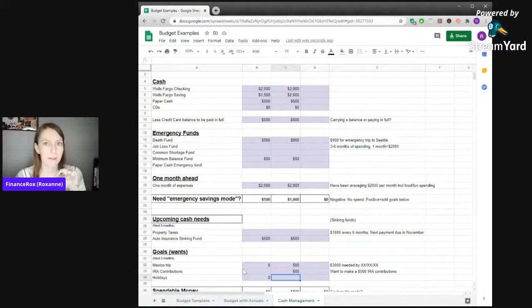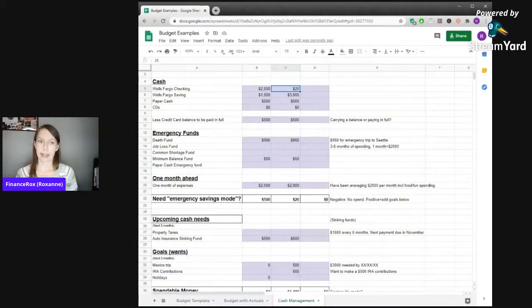And I will say one of the downsides of this cash tracker is, you add up all of your cash together. It doesn't really account for where the money is. So if you happen to only have $20 in your checking, but maybe you had $3,000 in your savings account, hopefully filling this out is a trigger that, oh, hey, I only have 20 in checking, I need to transfer some over from savings.